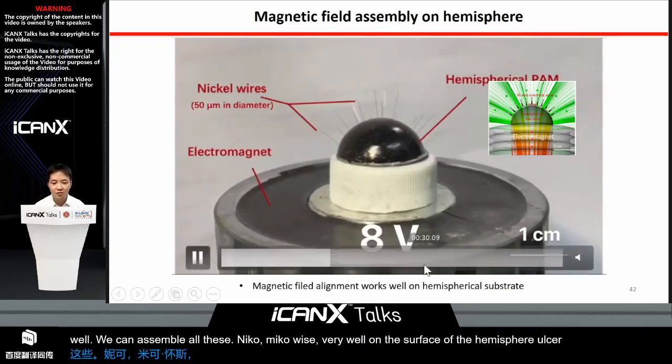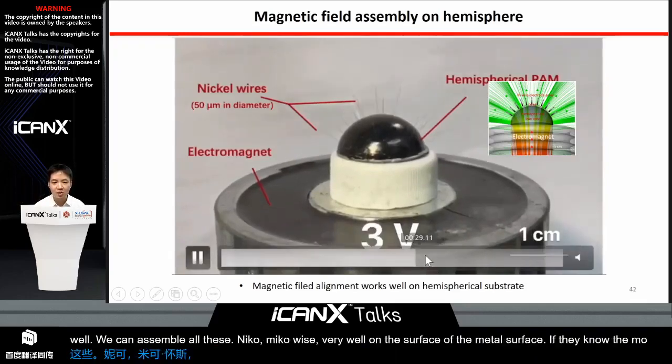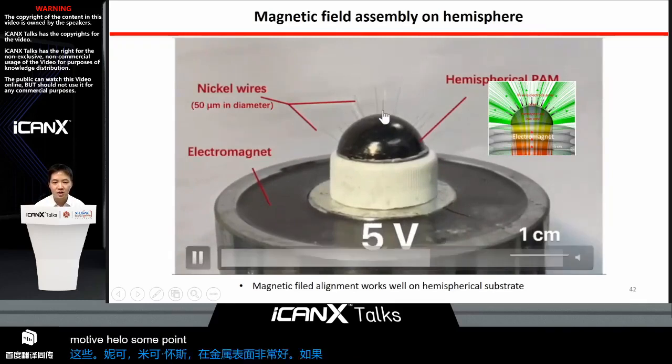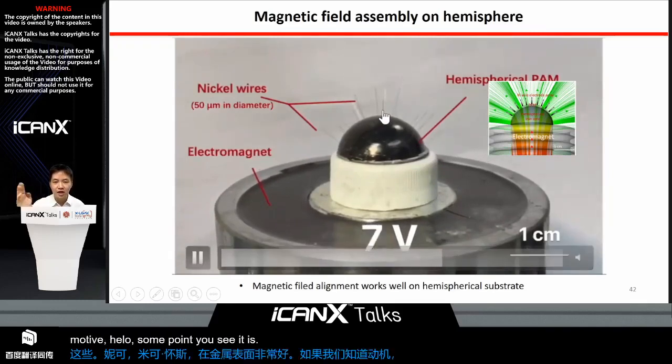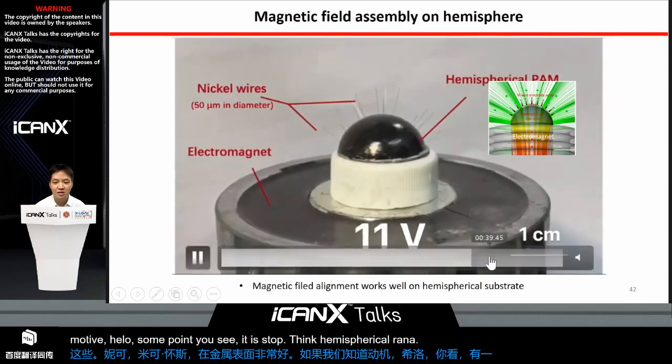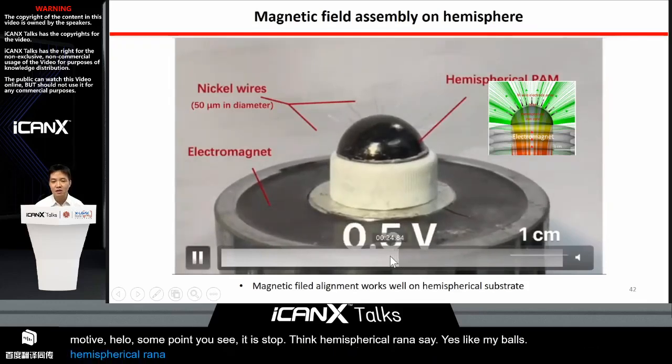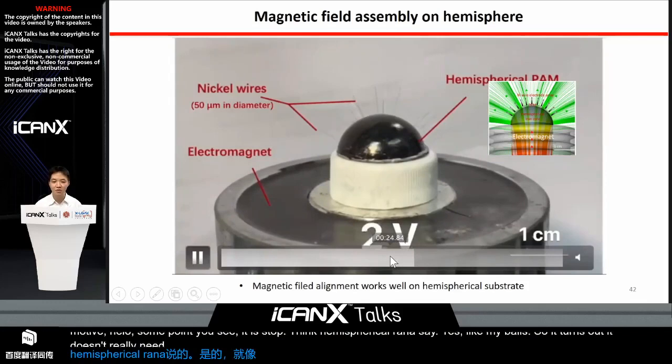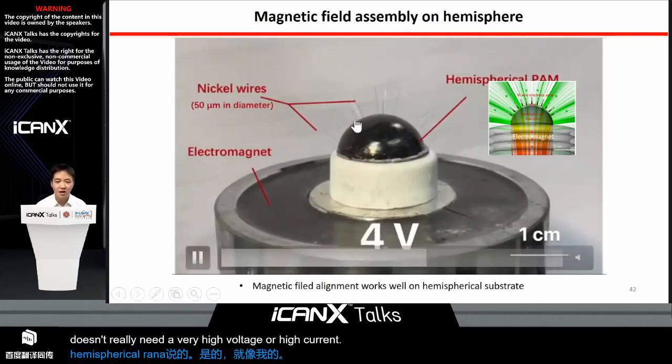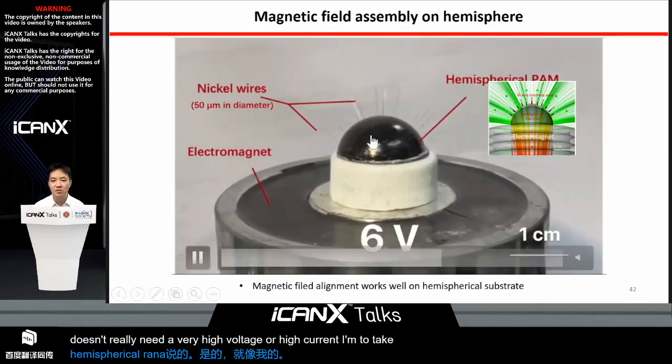If we lower the voltage below a certain point, you see it starts to shake on the hemispherical retina. Yes, like 1 volt. So it turns out it doesn't really need a very high voltage or high current to fix all these microneedles on the surface.